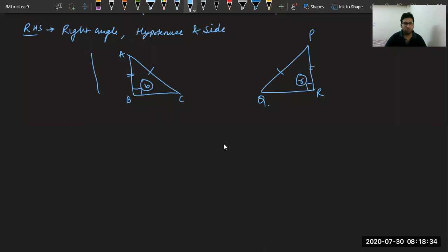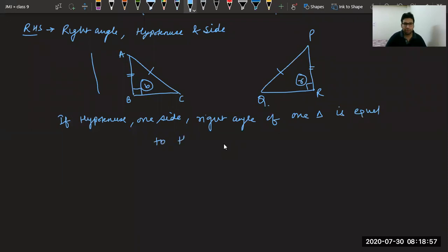So if hypotenuse, that is the longest side, one side, and right angle of one triangle is equal to hypotenuse, one side and right angle of the other triangle, then the triangles are said to be congruent by the criteria known as RHS.